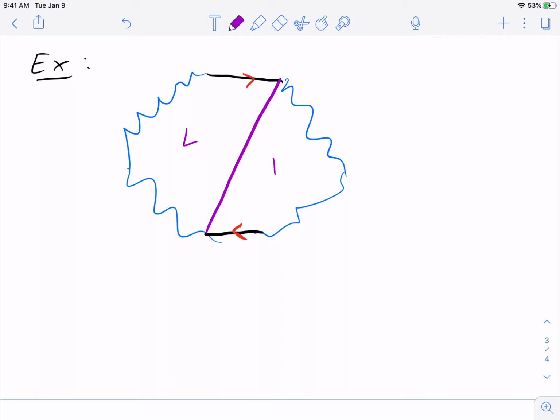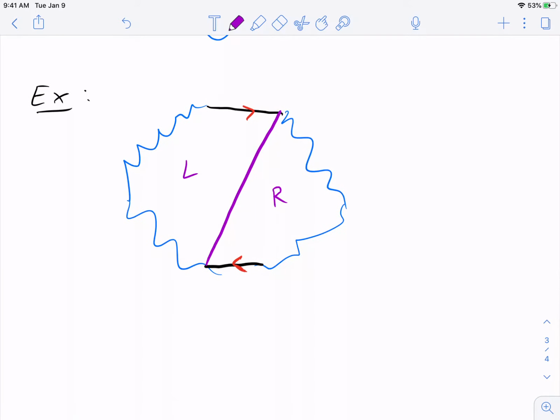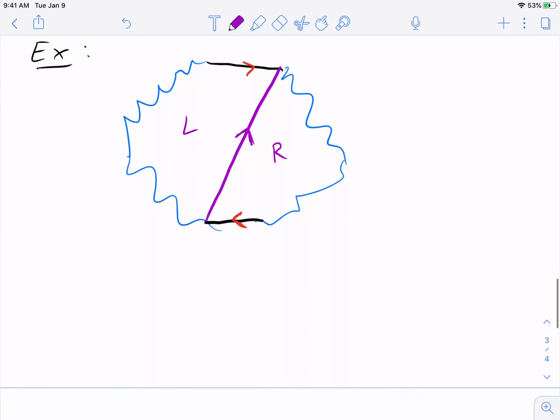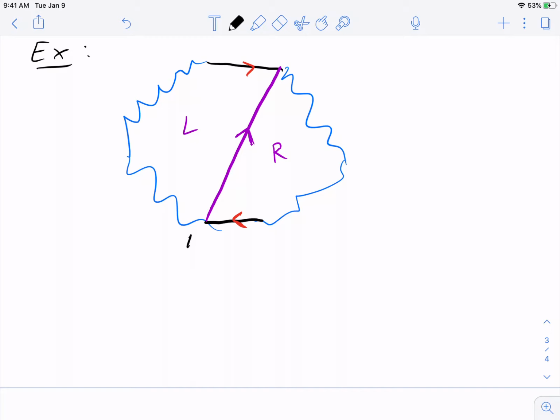I have a left side and a right side, and I can rearrange these by gluing the red arrows together. And I haven't actually changed my surface as long as I remember that this purple cut I made is actually a single edge. So I have to draw an arrow to remember that gluing. And so if I take these left and right pieces, split them up, and glue along the red arrow, what do I get?